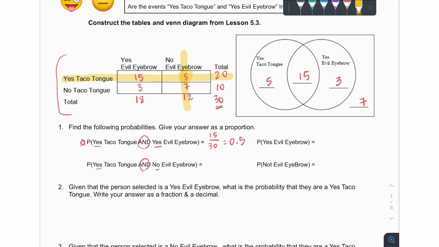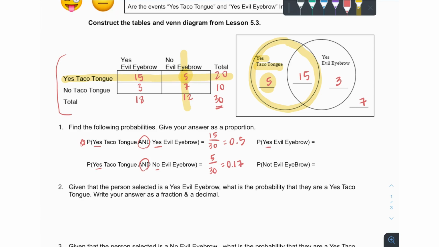On the Venn diagram, we want to be in the taco tongue circle, but outside of the other circle, so we're talking about the 5. So 5 out of the total number of people, which is 30, and 5 out of 30 is 0.17 when we round it.